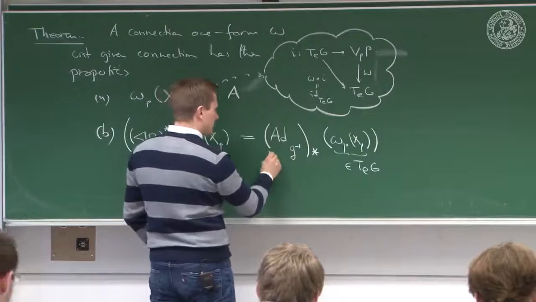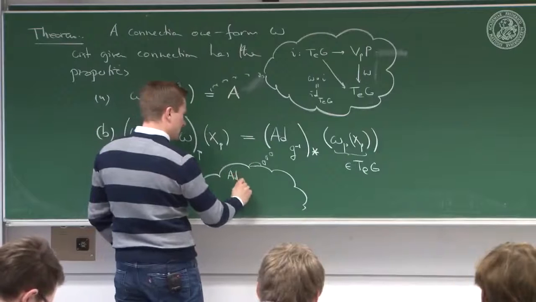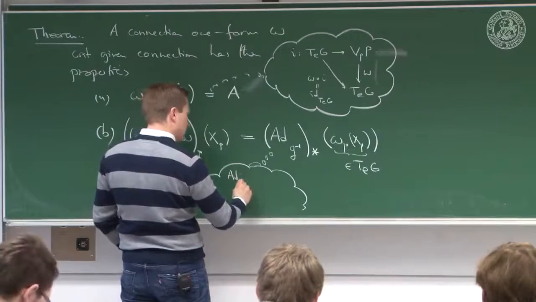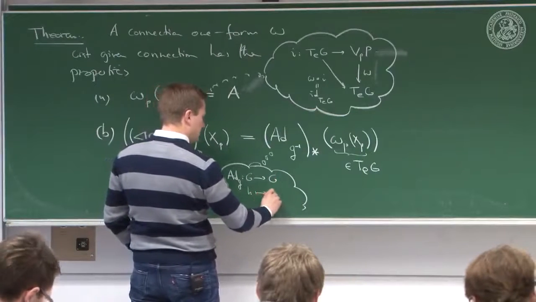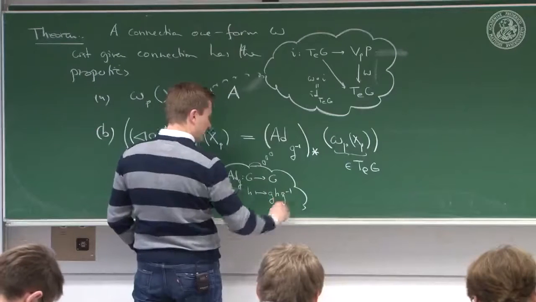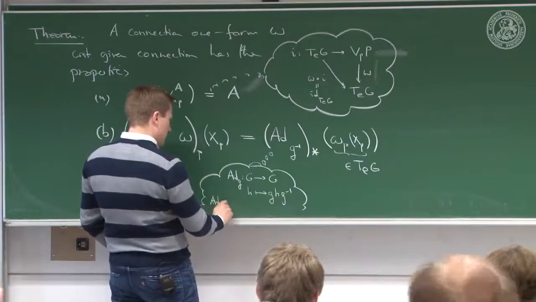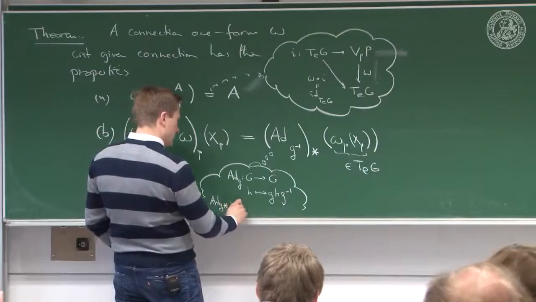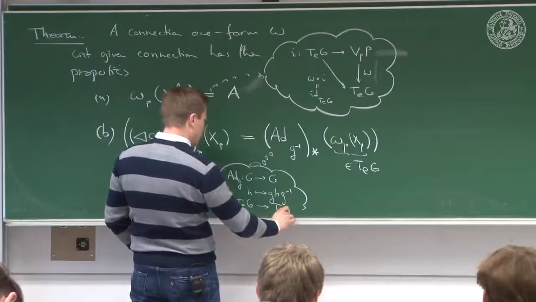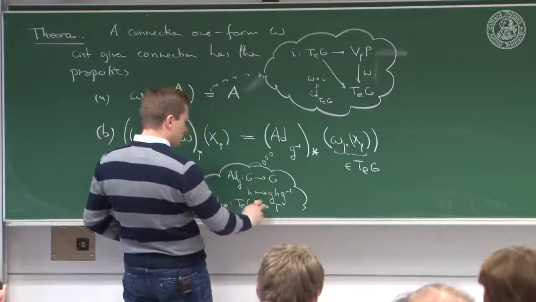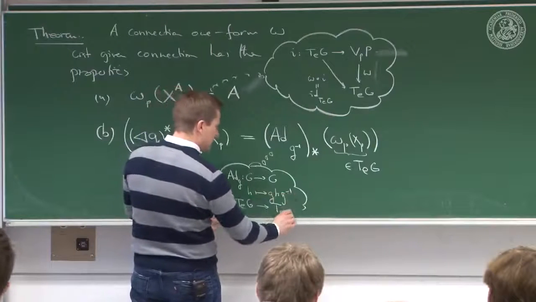But the Ad_G, we recall, what was the Ad_G? The Ad of some G, not G inverse, Ad of some G took you from the group to the group by taking an element H and sending it to G H G inverse. But that meant that the Ad_G push forward took you from T_eG to T_{G e G inverse}G, but that's again T_eG.